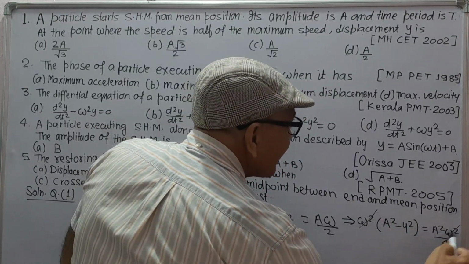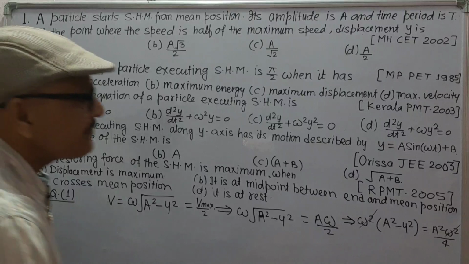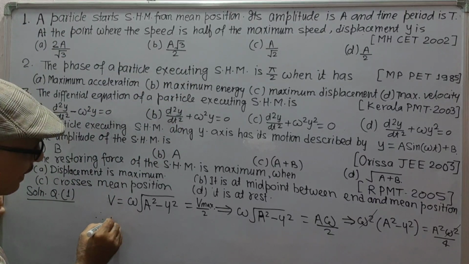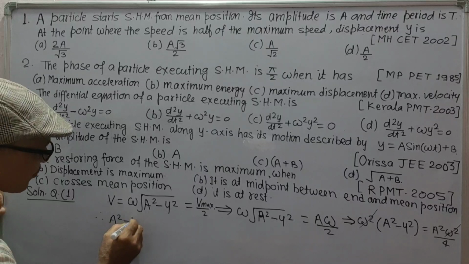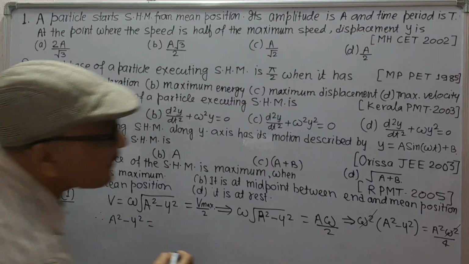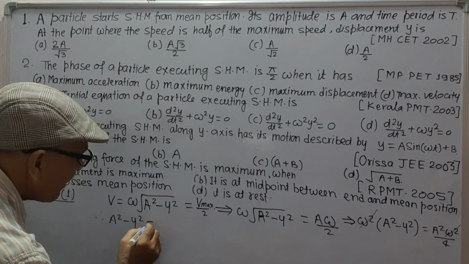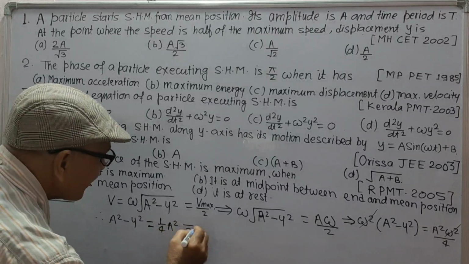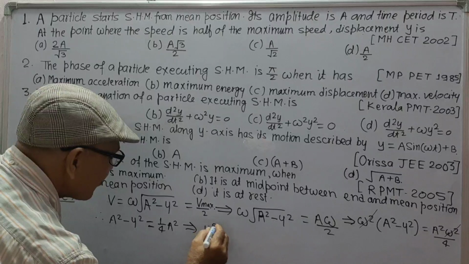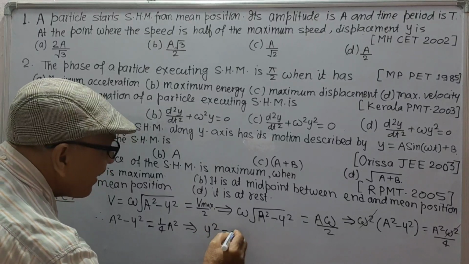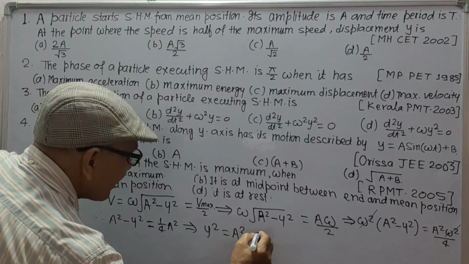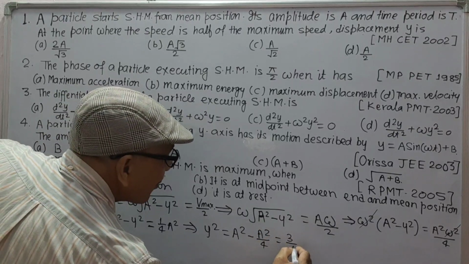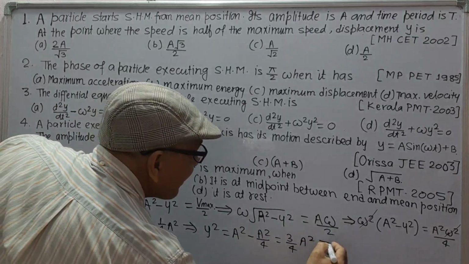Omega square gets cancelled and we get A square minus y square is equal to 1 by 4 A square, which gives y square as A square minus A square by 4, that is 3 by 4 A square.